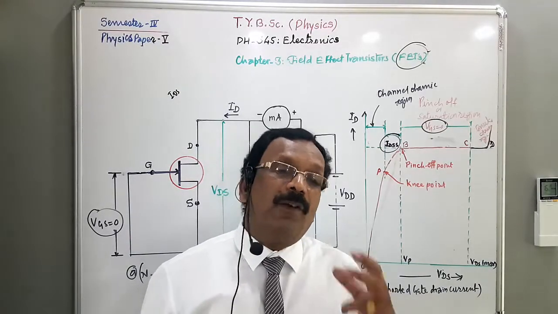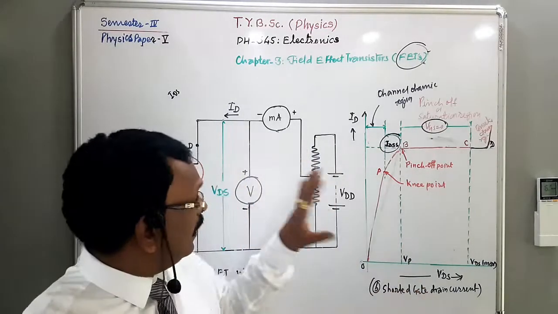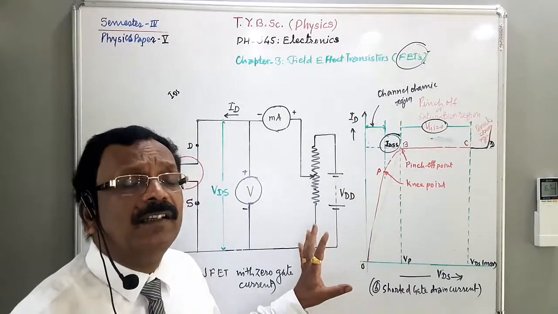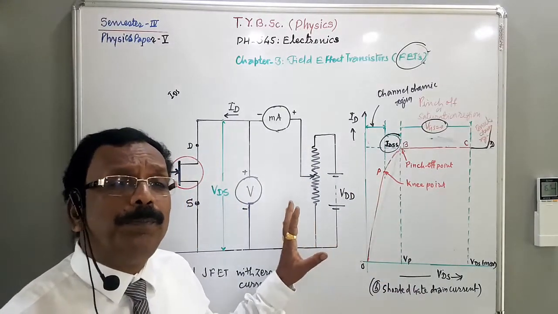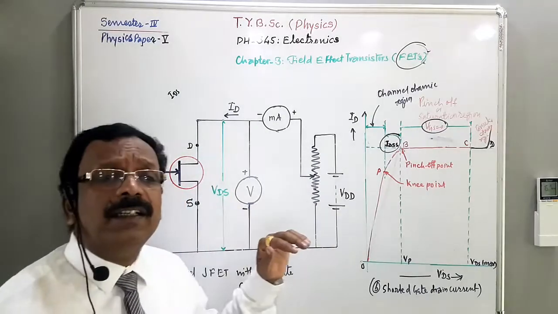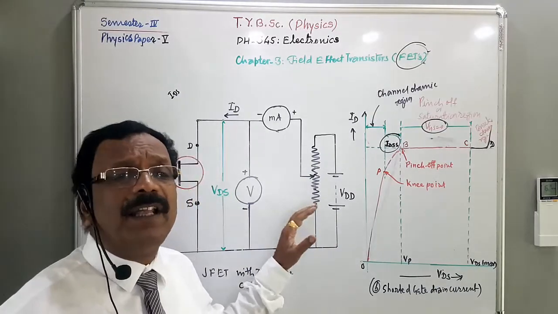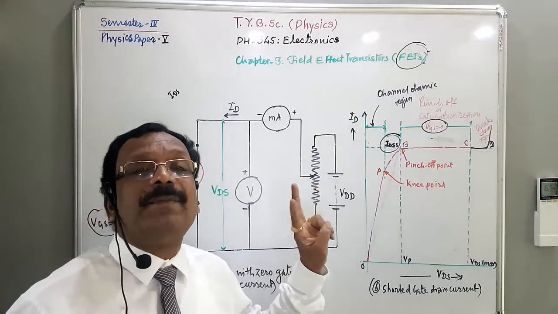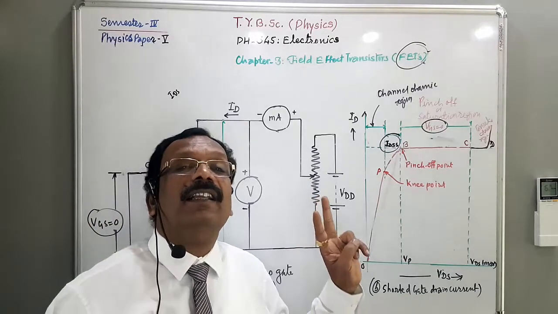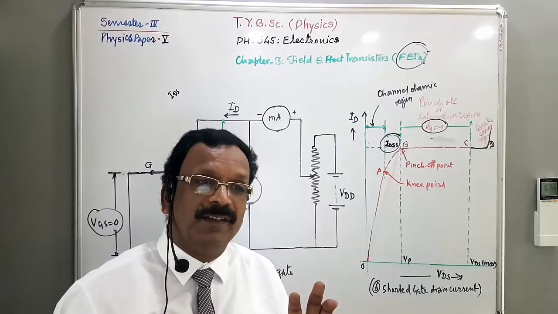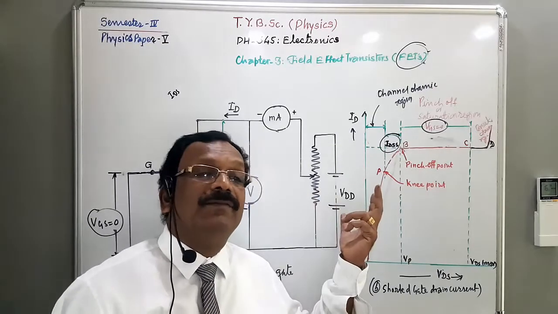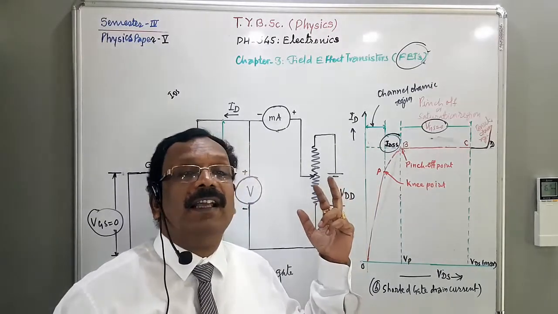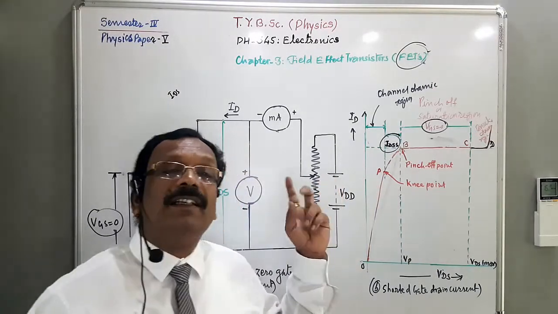Now, the operation of P channel, this is N channel, this is about N channel. The operation of P channel JFET is exactly similar to N channel JFET, except that current carriers are holes. In N channel, majority charge carriers are electrons.